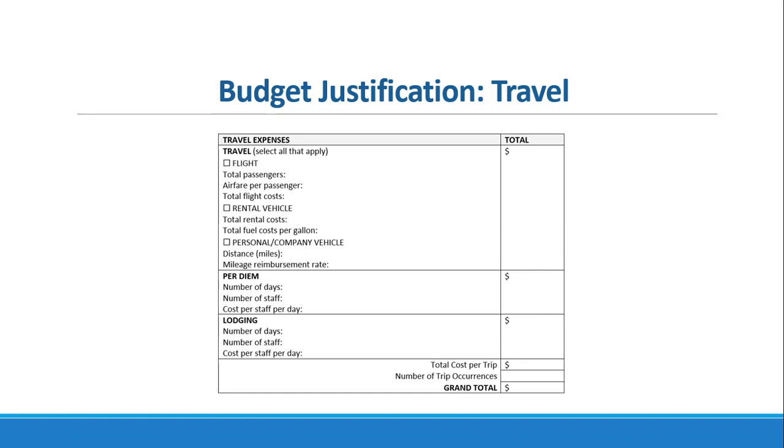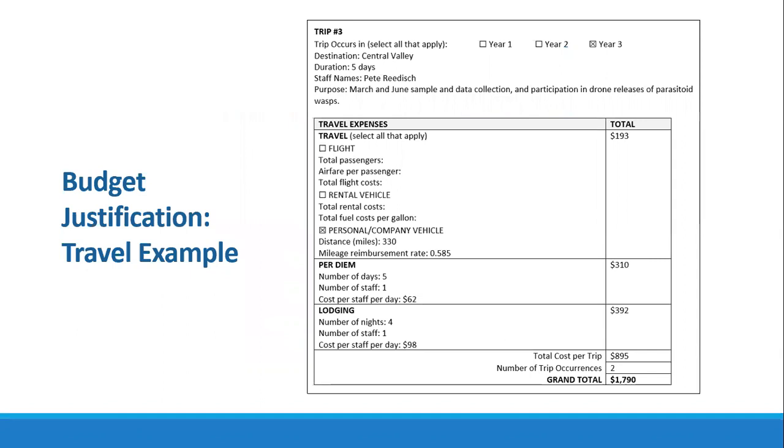Lodging as well, make sure that you're not exceeding the maximum lodging rates established by your institution. Once you've determined those rates on the left, input those totals on the right and sum them for a total cost per trip. Multiply that by the number of times the trip will be taken for the grand total for this category of trip. Here's an example.